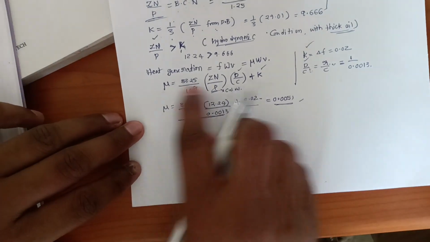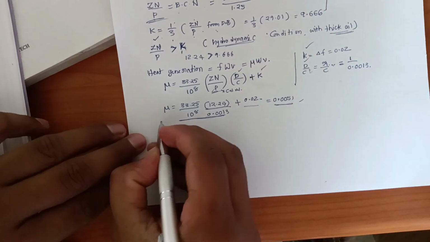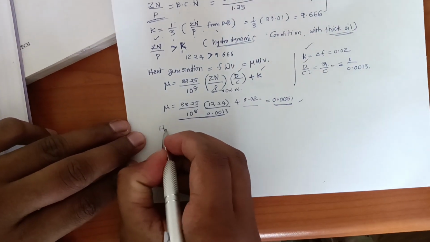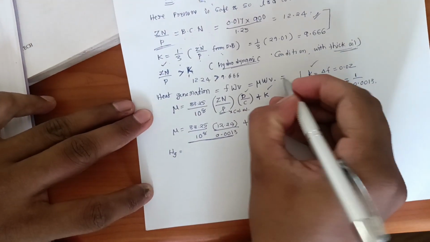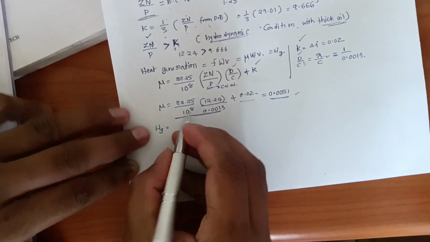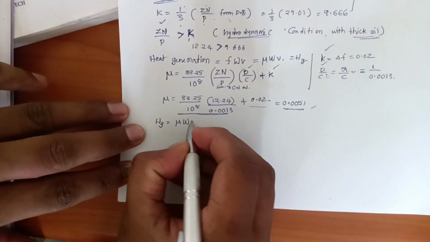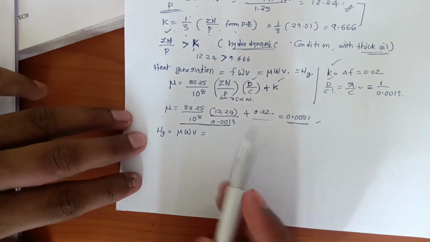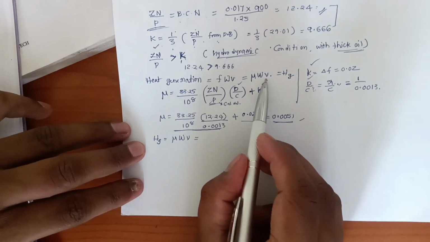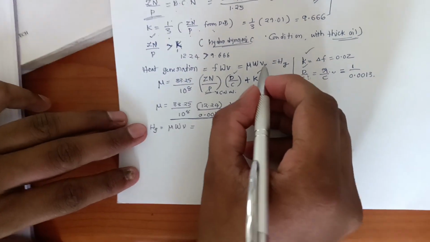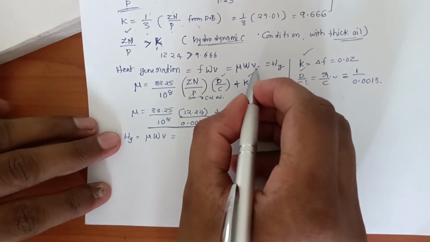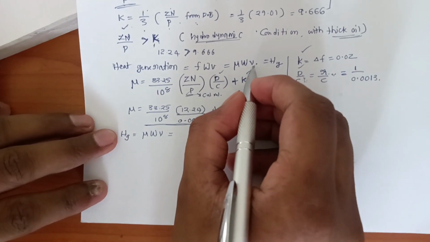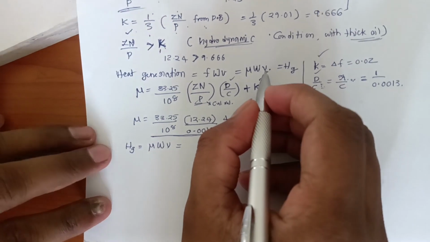Now substitute this mu value in this equation, and you will get the Hg, the heat generation. This symbol is Hg. Okay, Hg is equal to mu W V, where V is 5D by 60. Remember this formula. This is similar for belts and gears and bearings.